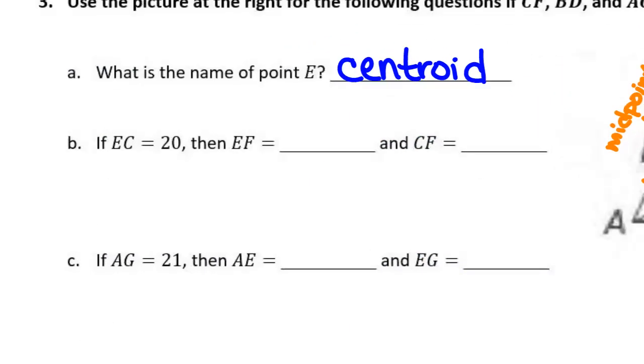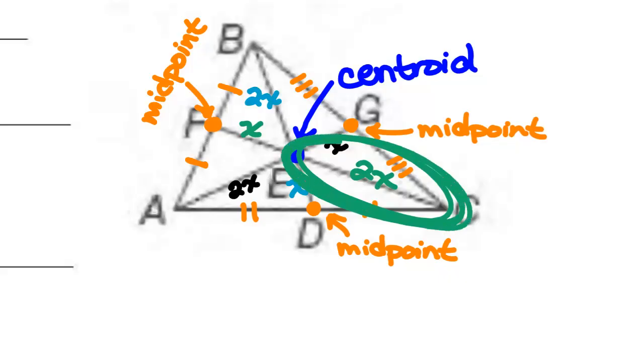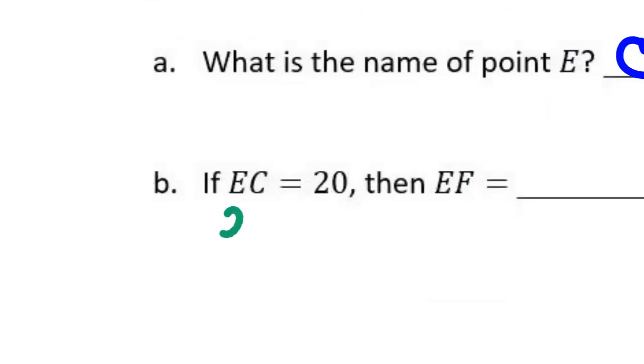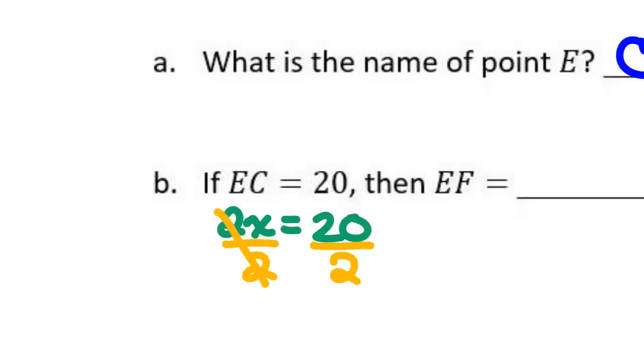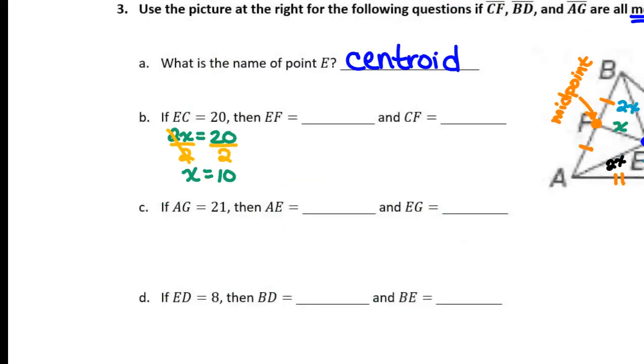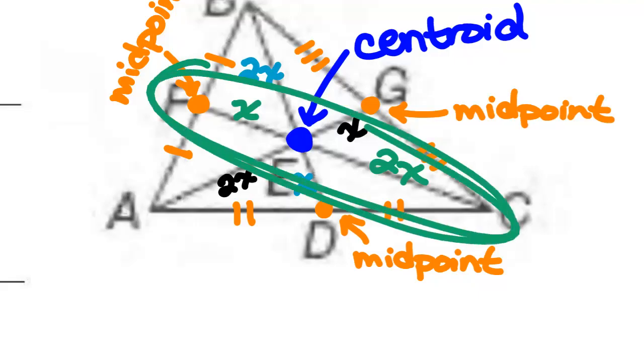All right. It says that EC is 20. Well, here's EC. Is that a 1x, a 2x, or a 3x? 2x. So 2x is equal to 20. Well, if 2x is 20, how big is x? 10. So the segment that's just x on that median would be 10.